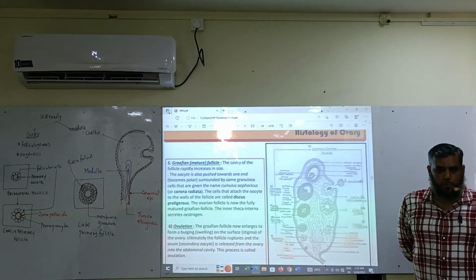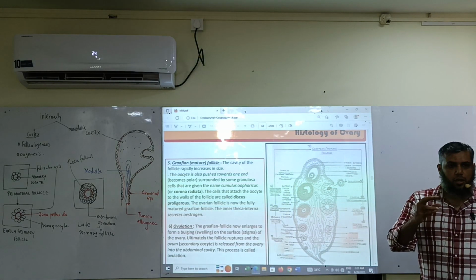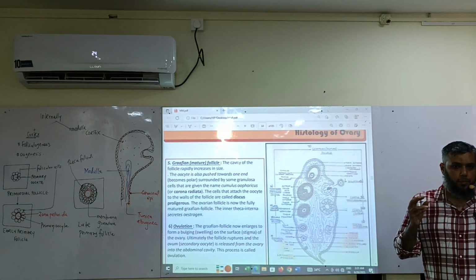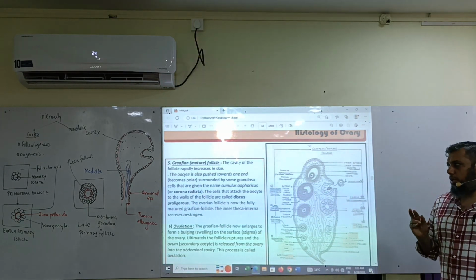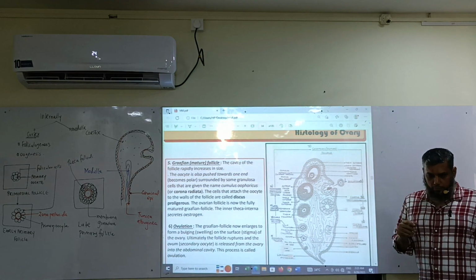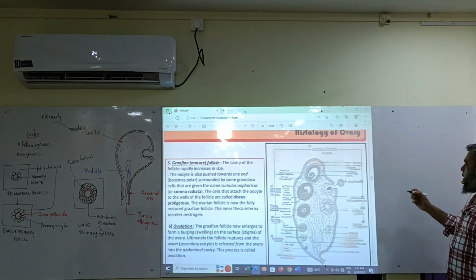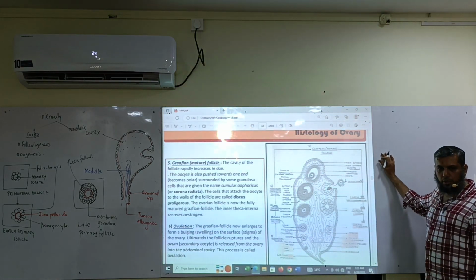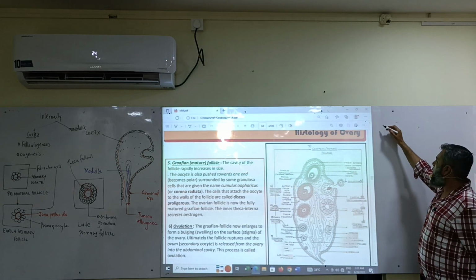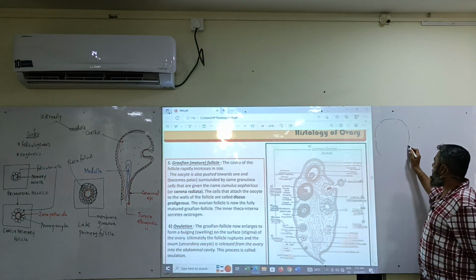Now what to change now? Now the theca folliculi. We are paying attention to which place now? The outer layer of the theca folliculi is fibrous tissue.